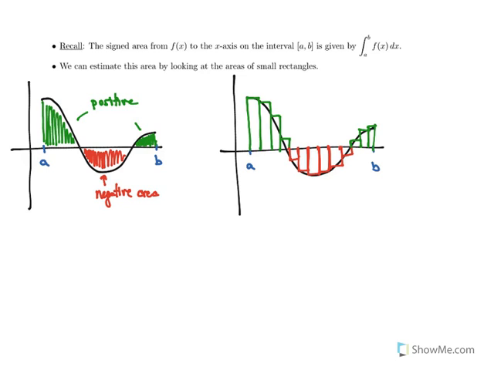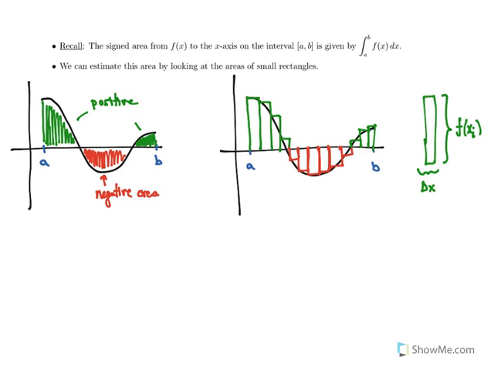But if we add up the area of all of those rectangles, each of those rectangles has a width of delta x and a height of f of x sub i.